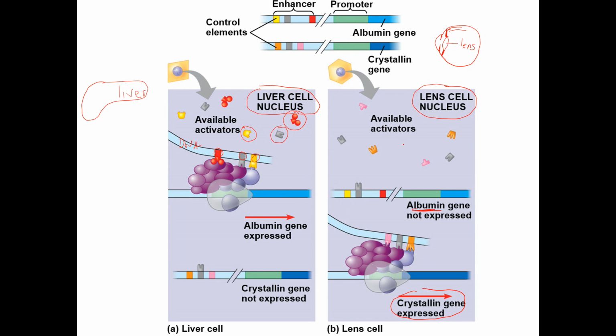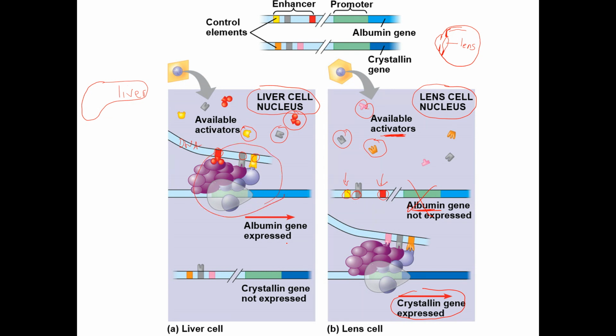But if you look over here at the lens of the eye, the activators are different. There's one that's the same, but the others are different. So there's a different combination of activators. And so the enhancers here for the albumin gene don't have activators attached to them. So this gene's not transcribed in the lens of the eye, but it is transcribed in the liver cell over here.